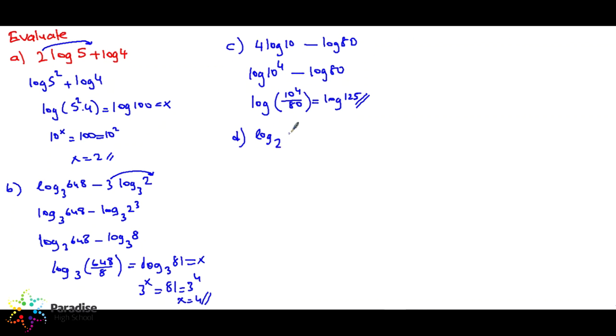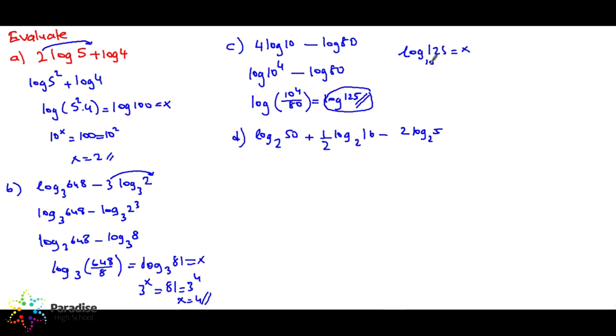log base 2 of 50 plus 1/2 log base 2 of 16 minus 2 log base 2 of 5. In this question here, we cannot go further. Why is that? Because log 125 equals x.